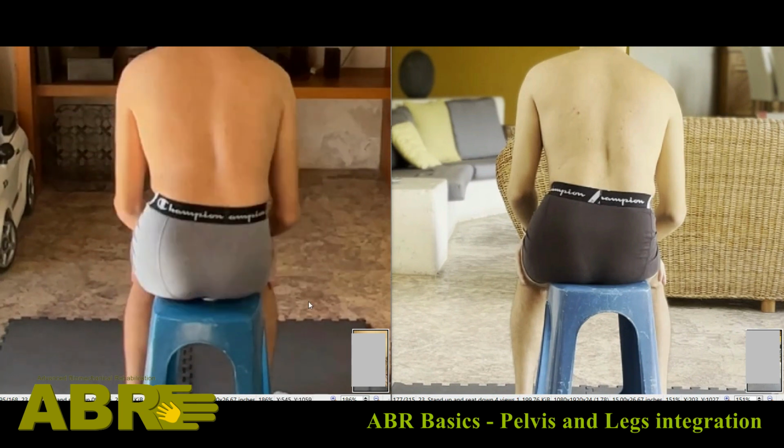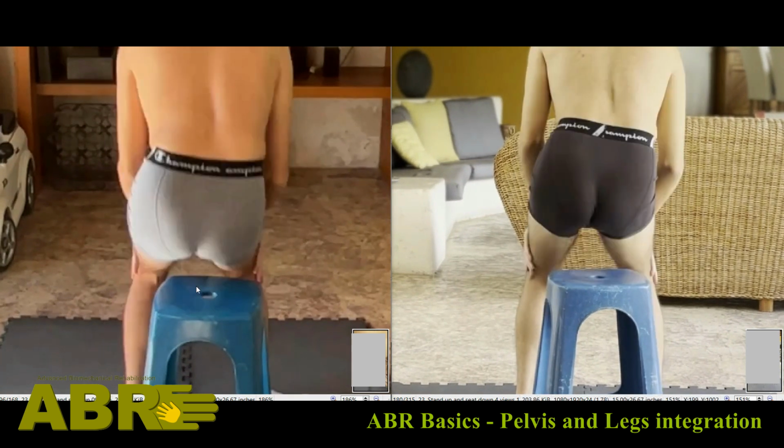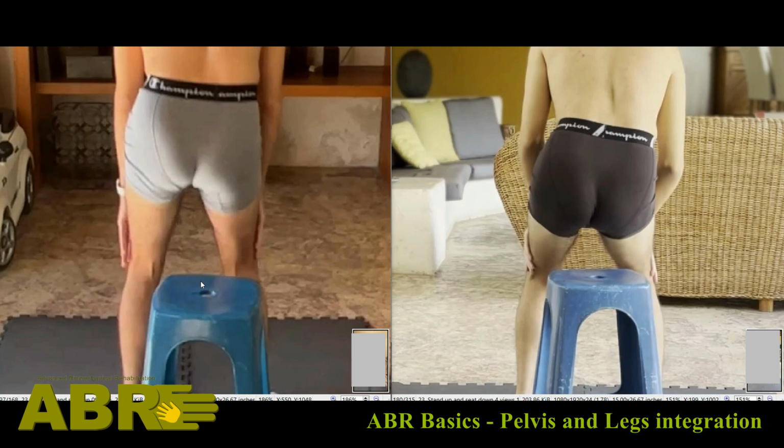And also, as he stands up, you can see that the buttocks stay big instead of just closing in into a single unit as they did before.